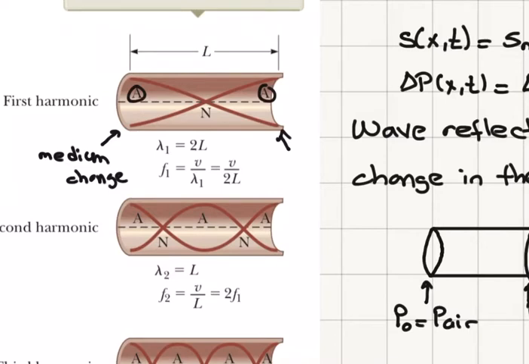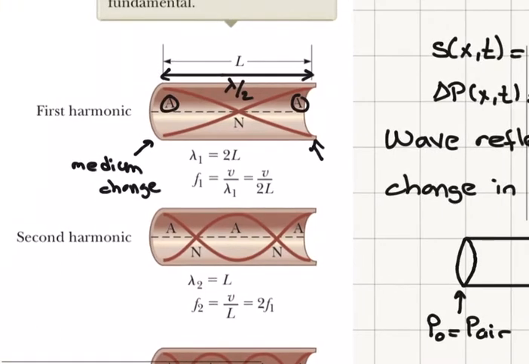All right, so we're now describing the situation in terms of displacement. So here I have a displacement antinode, and for the fundamental mode here, I have antinode, node, antinode. And if you remember, the distance between two consecutive antinodes is going to be given by lambda over 2. So I find that lambda 1 over 2 is equal to L. So lambda 1 is 2L.